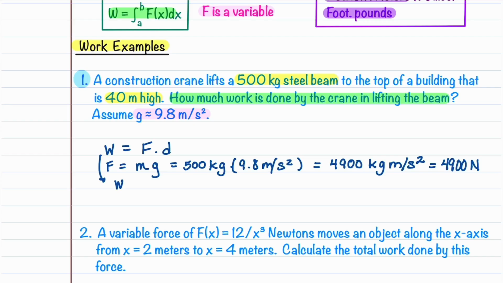This gives us that work is equal to 4,900 newtons times our distance. Our beam is lifted to the top of a building that is 40 meters high, so our distance is going to be 40 meters.